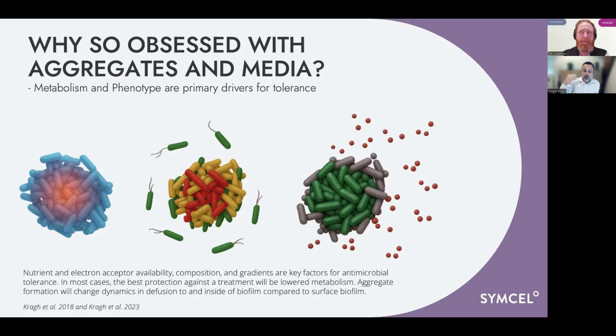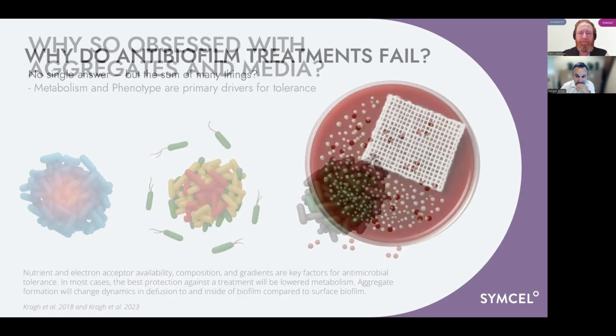So in most cases, a dormant or very slow metabolically active population will be much more tolerant than the cells that are fast growing. So we need to take into account that when we want to test a treatment, the bacteria actually have to be in the state that some of these aggregates are in the infection.